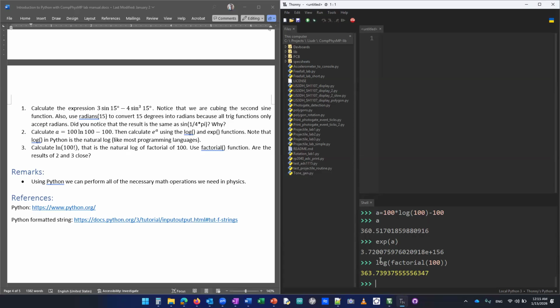And well, natural log of 100 factorial is 364. Very close to this. And it turns out that there's an approximation called Stirling's formula, to calculate the natural log of a large factorial.